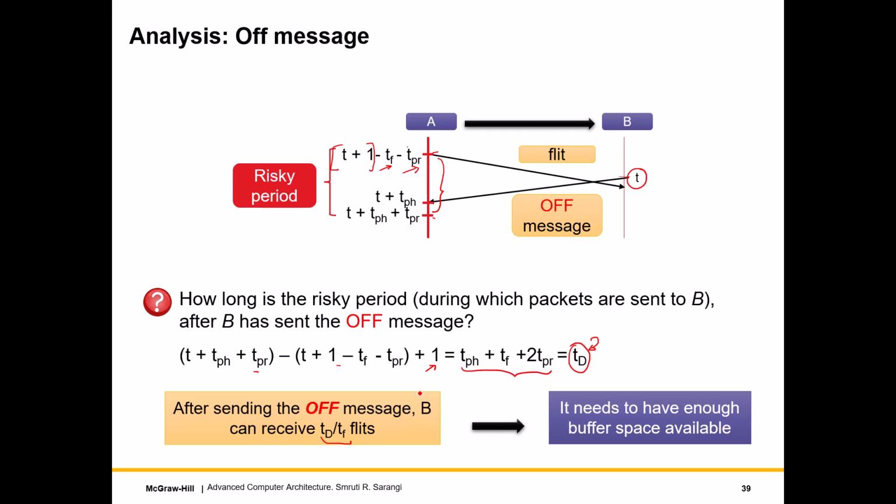Let's say there's a minimum number of buffers it needs to have available. If it has less than that and an off message has not been sent, then there is a potential problem, because a flit could be sent in this risky period, and basically the flit could be discarded.